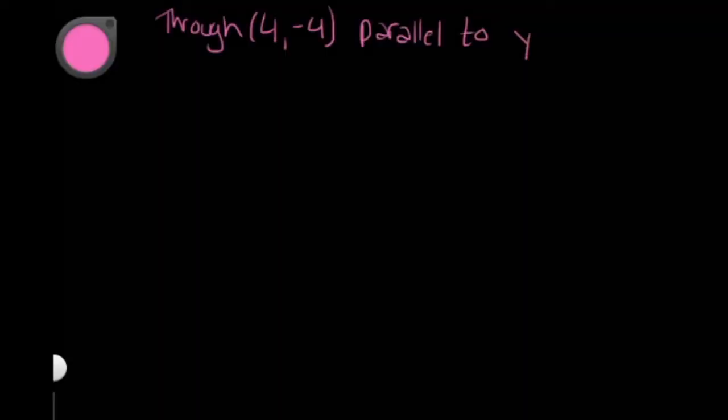The first question in part 2 says that the line is going to go through 4, negative 4, and it's parallel to y equals negative x minus 4.